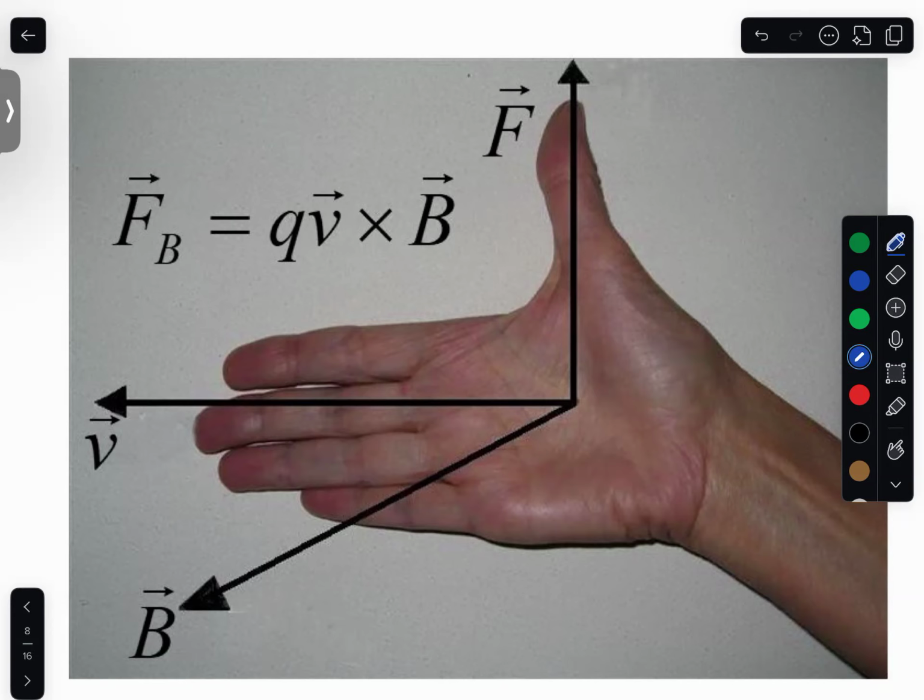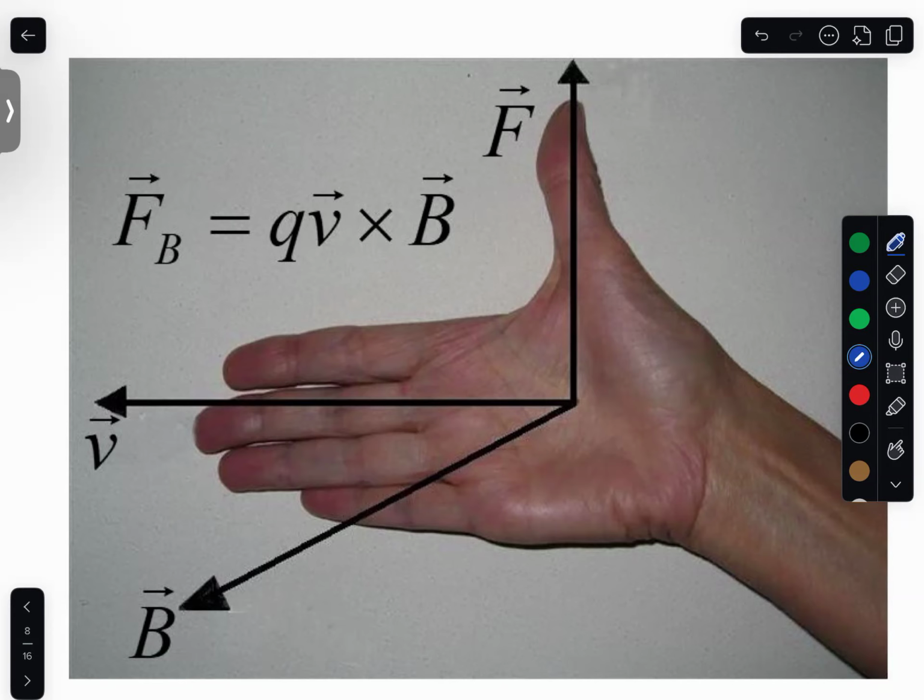Meaning, to the back. Field is back. That's the second vector. Yes, for now. We're going to introduce how to find the direction of field later. That'll also use right-hand rule.